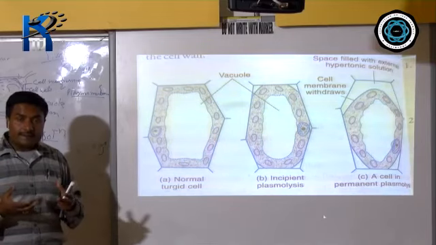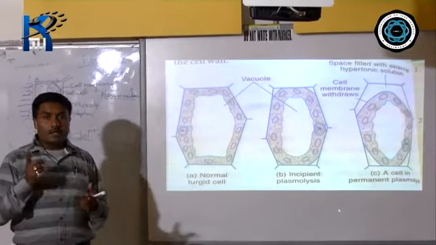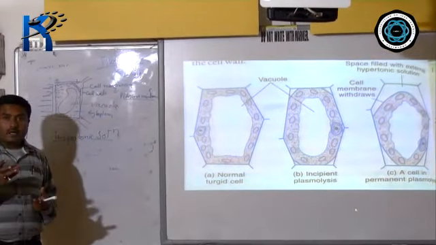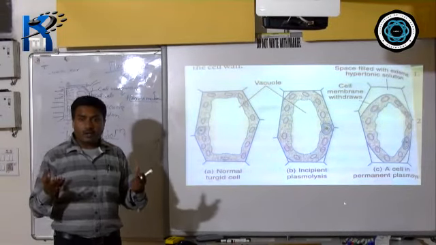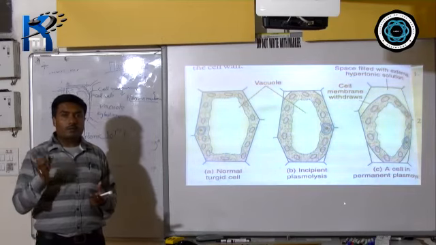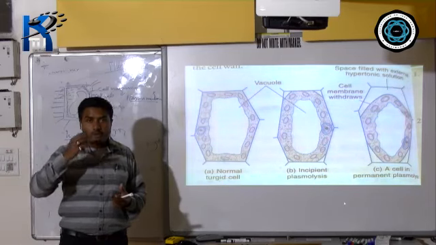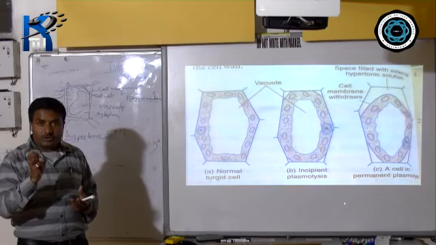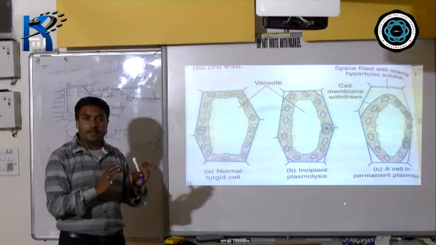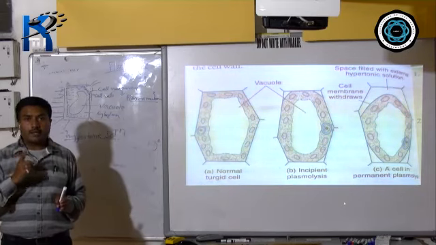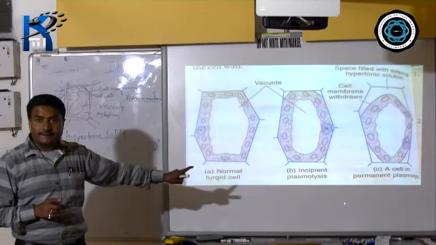Or in the case of microorganisms, yesterday I told you one example: when we gargle with salt water, most of the bacteria are killed. How are they killed? Bacteria are unicellular organisms made up of one cell, so they get killed because the cytoplasm shrinks, and that is due to plasmolysis.